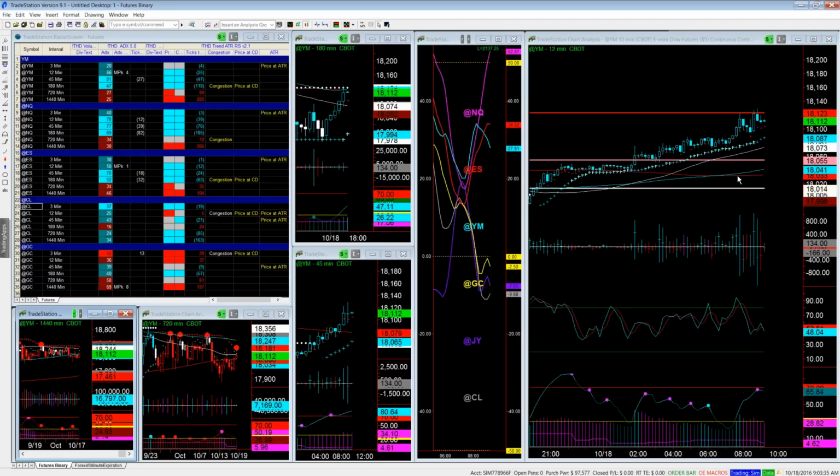The only thing I would be willing to do on the Dow would be a short. And that's because we're at this red line. We're at a congestion dot over here, and we just had volume divergence over here with the ADX at 80.